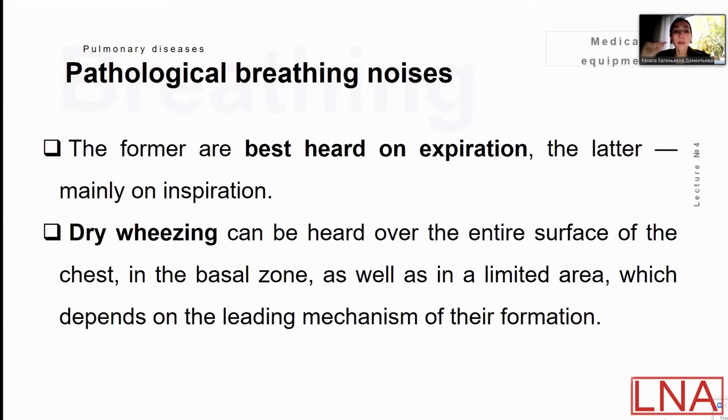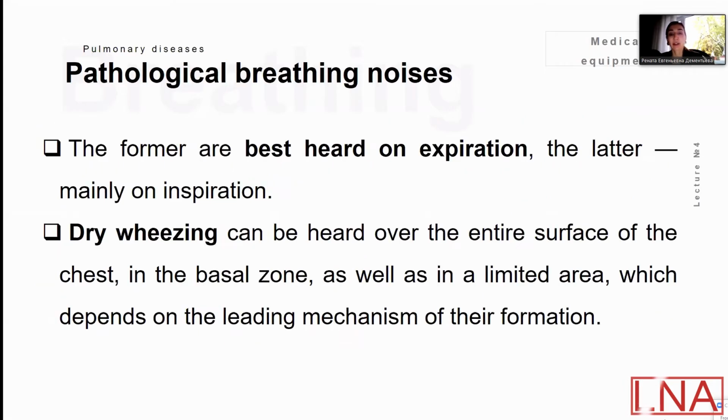The former are better heard in the phase of expiration and the latter mainly on inspiration. Dry wheezing can be heard over the anterior surface of the chest, in the basal zones, as well as in a limited area, depending on the leading mechanism of formation.